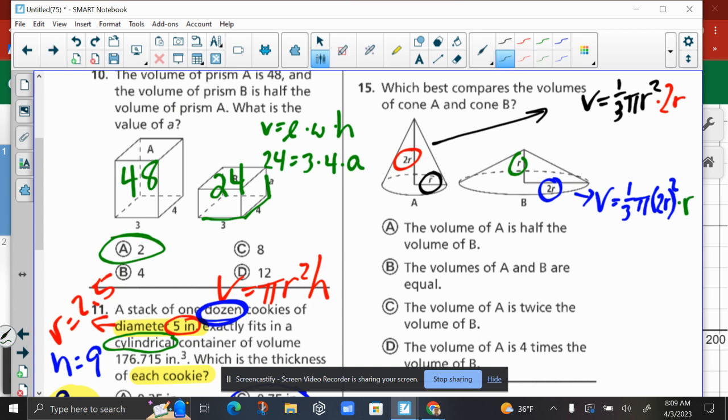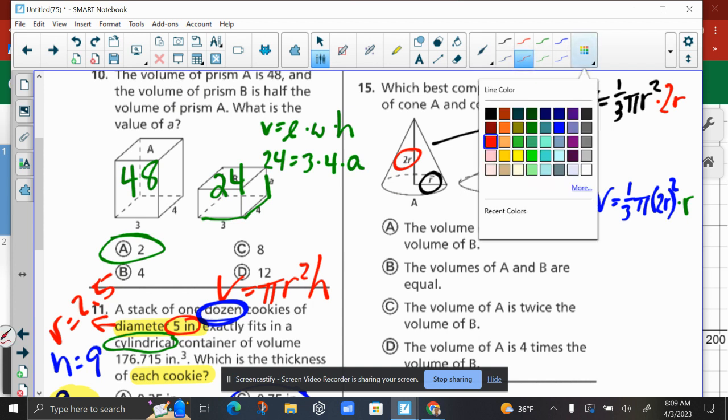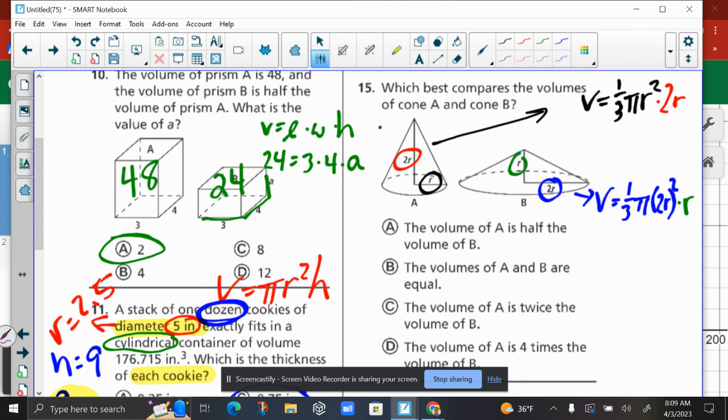So if we look at this, let's cross some things out here. Let's go a different color I didn't use. Let's go purple. So here I have an r I can cross out, they're the same. I have an r squared, I have that r squared. Now this 2 goes also to the 2, so I can't forget that. I have 1/3, 1/3, pi, pi. So everything's the same other than here I have a 2.